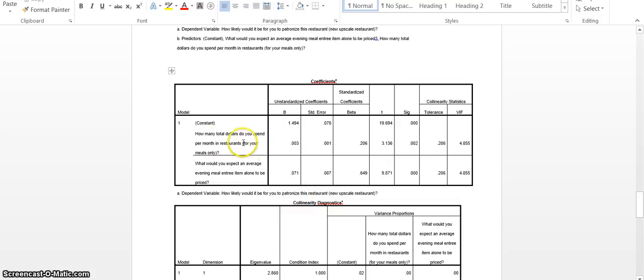So for every dollar amount spent, it will increase 0.003 unit of the likelihood. The unit would be how you see from 1 to 5, how likely, very likely, or least likely. And for the standardized coefficient, you will look at these two values. 0.649 is 3 times more important than the total dollars spent in the restaurant.